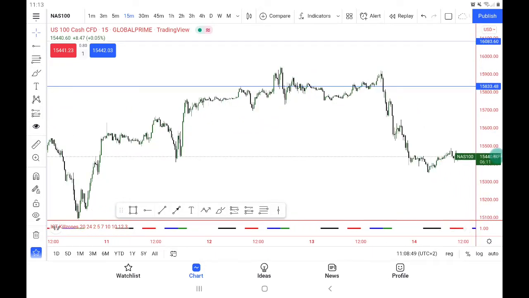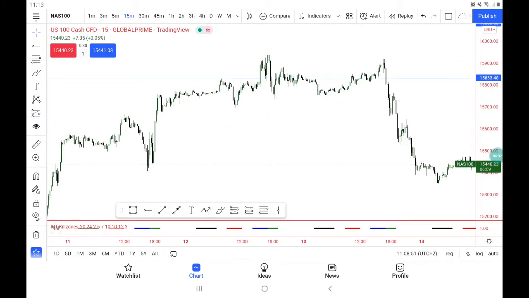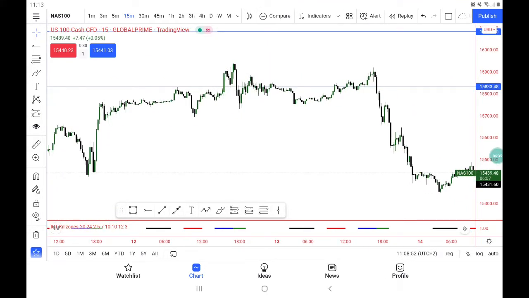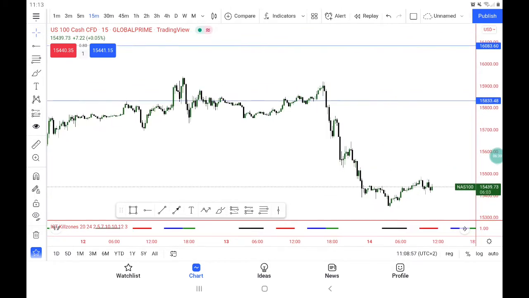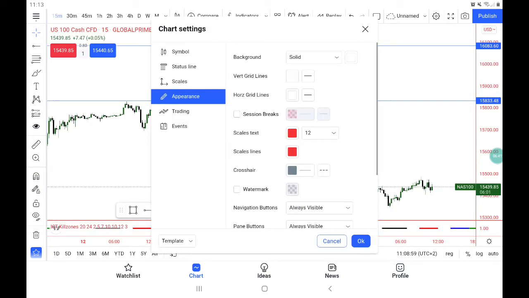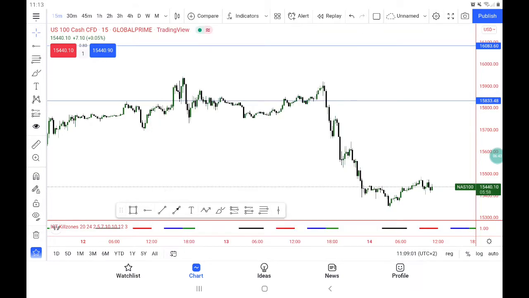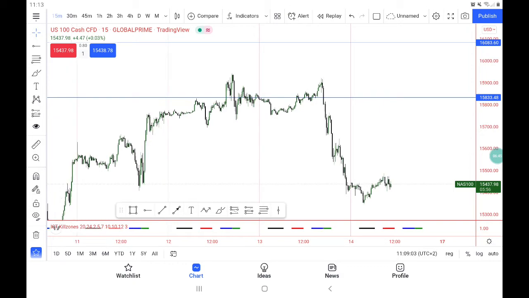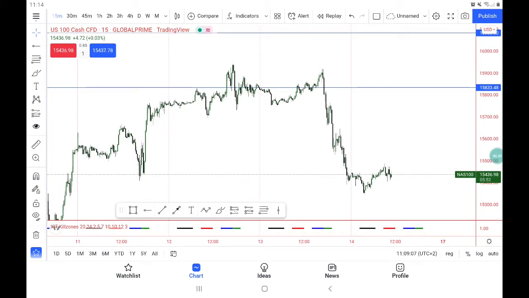But remember when I say that we filter that with what time of day, because this happened in 2 separate days. When we go to our session breaks, you can see it started forming yesterday. Remember, a setup that takes about 2 days to form is likely to ride the whole day, and a few days, maybe the whole week.